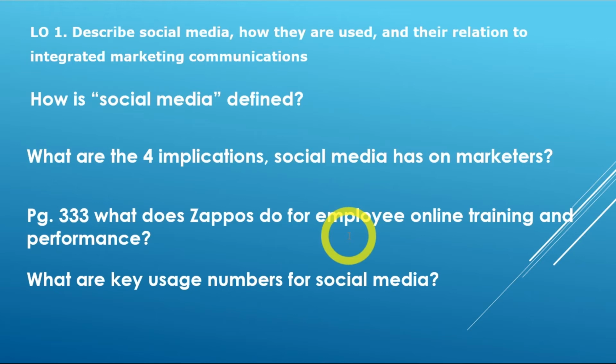They have online training, Twitter training, and they post on social media about their experience at work. So it's not just that the customer buys the product and service and interacts about that specific product and service anymore.